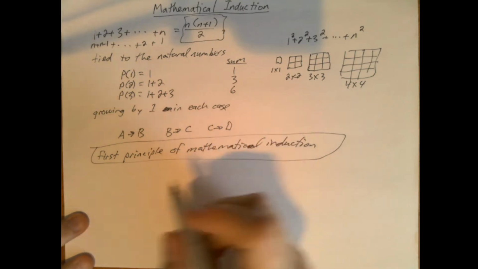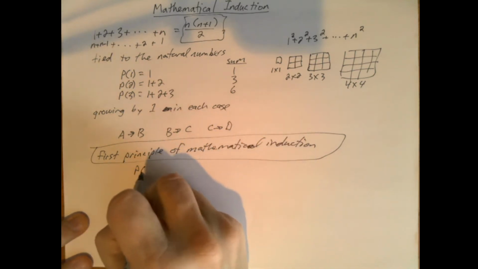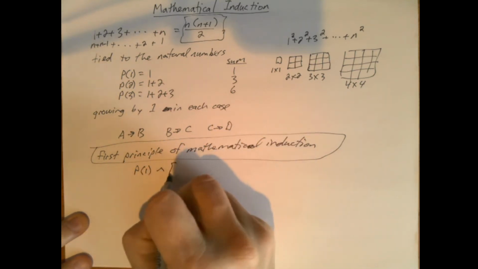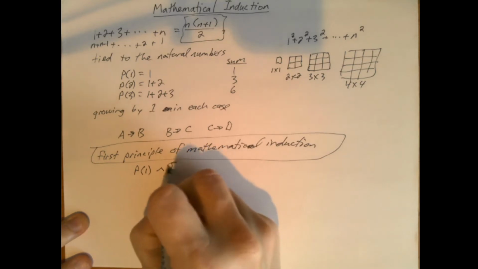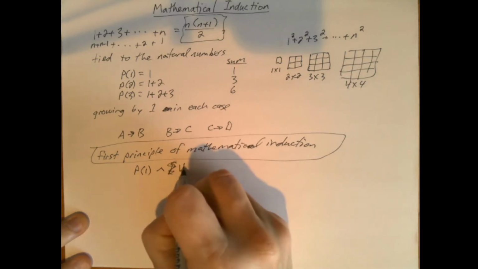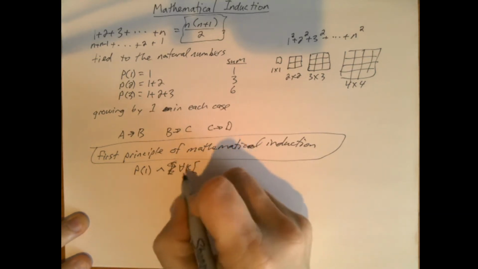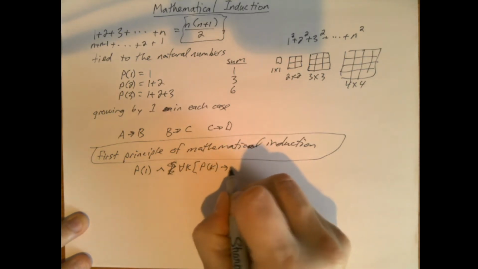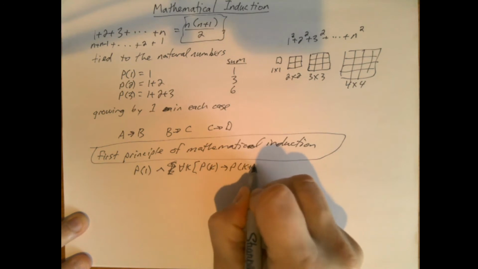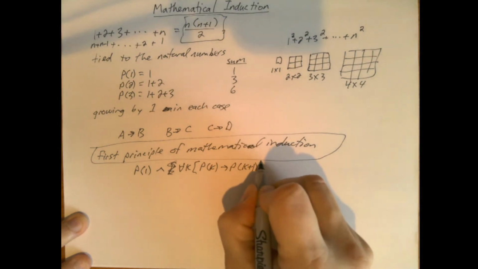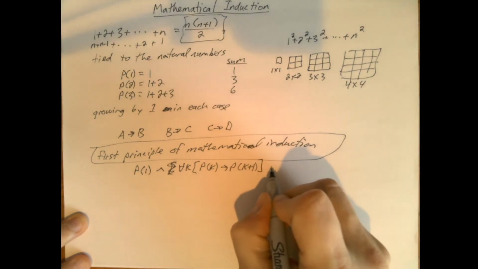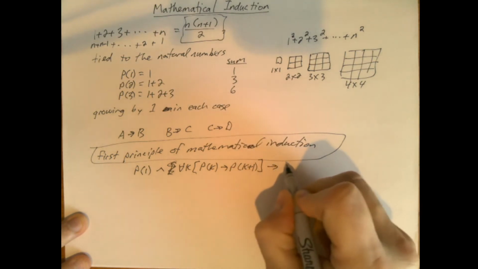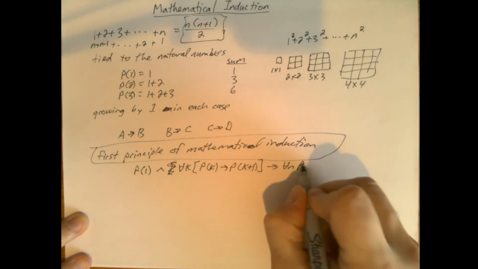And it says in logic terms that given P of 1 and for all k, P of k implies P of k plus 1, this implies for all n, P of n.